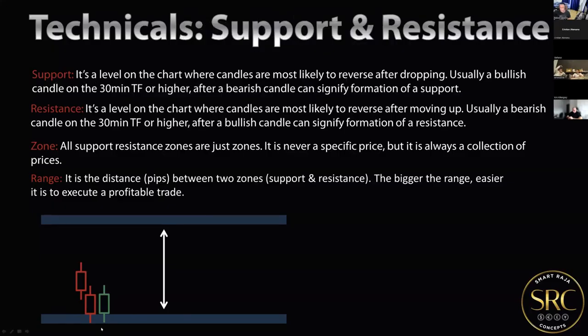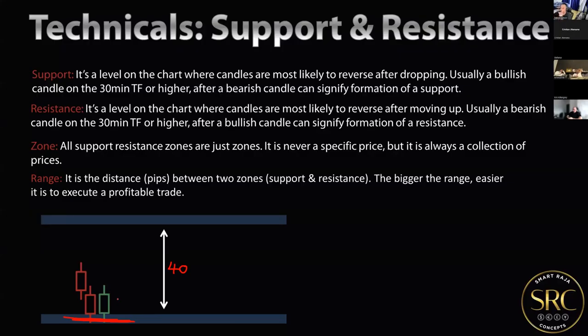Now in this scenario, we had a candle closing down at support. You can easily take a buy, even if it's a 40 pip range. You can still take a buy after this candle closes.